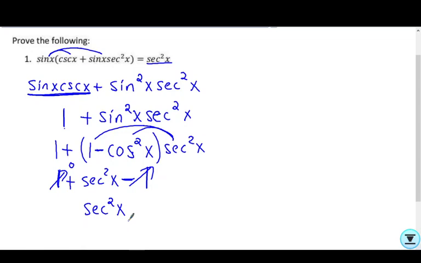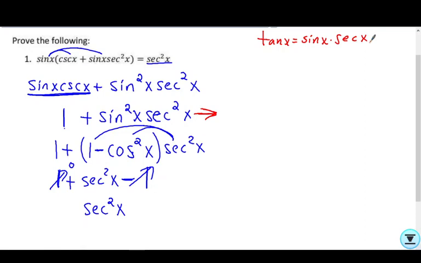Now, another way of doing it: we start off the same way, where you distribute the sine in, but where the next one breaks is right here. Instead of changing sine squared to 1 minus cosine squared, on my identity sheet I have at the top that tangent x is equal to sine x times secant x.